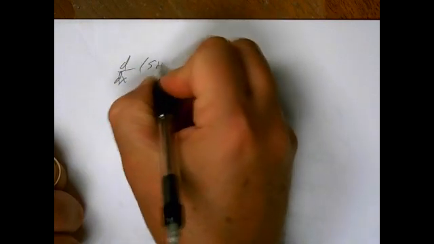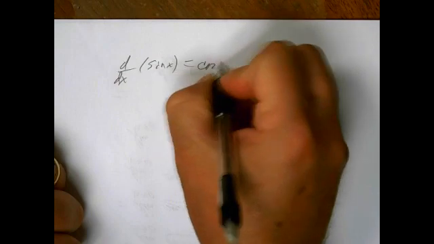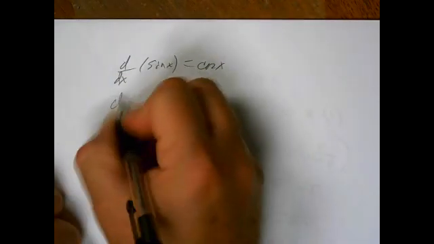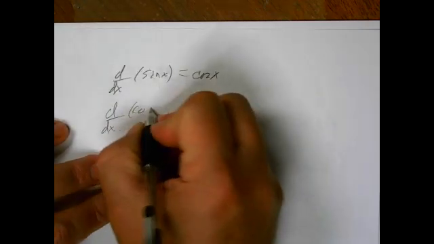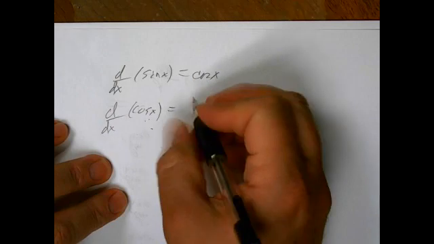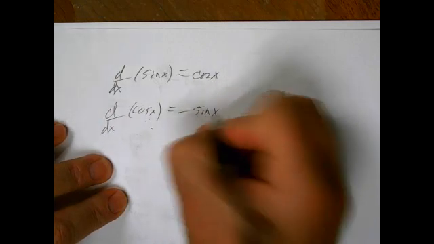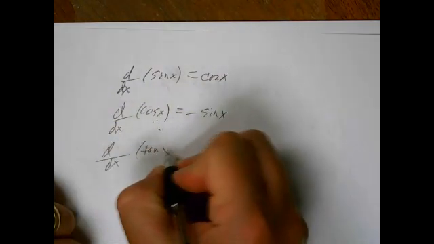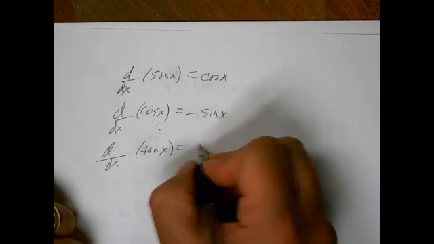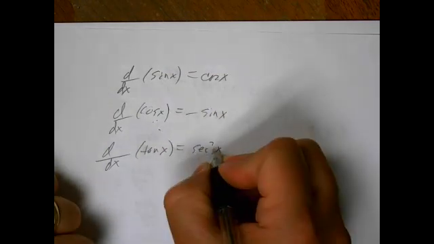The derivative with respect to x of sine of x is cosine x, as we just said. Derivative with respect to x of cosine of x is going to be equal to a negative sine x. The derivative with respect to x of a tangent of x is going to be a secant squared of x.